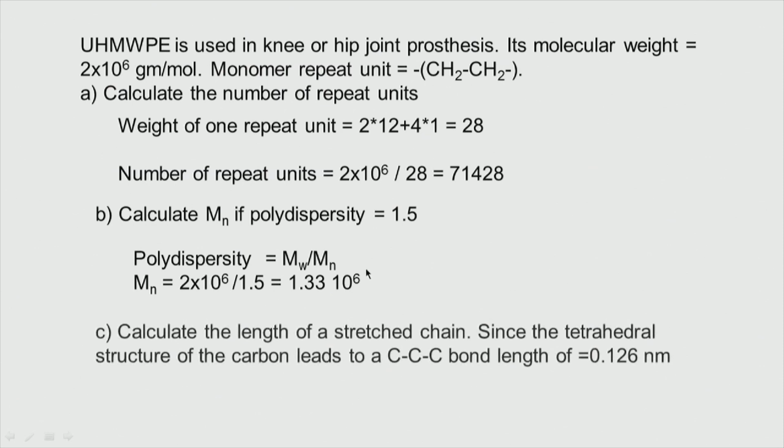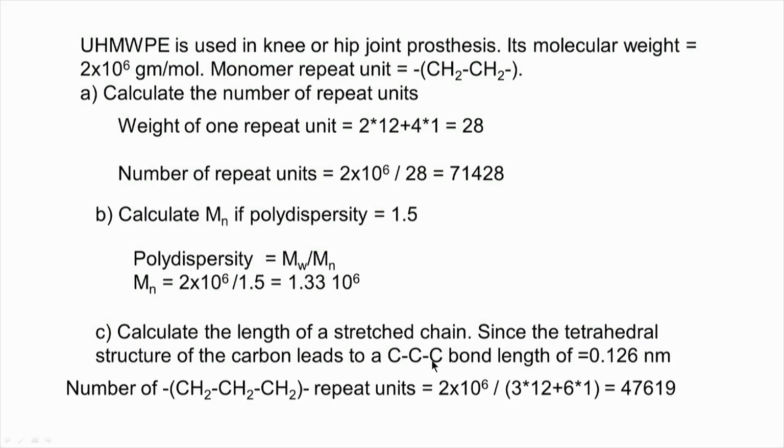Third part, calculate the length of a stretched chain. Okay. So, ultra high molecular weight polyethylene occupies a tetrahedral structure. So, the C-C bond length is 0.126. We have 3 carbons as the repeat unit.